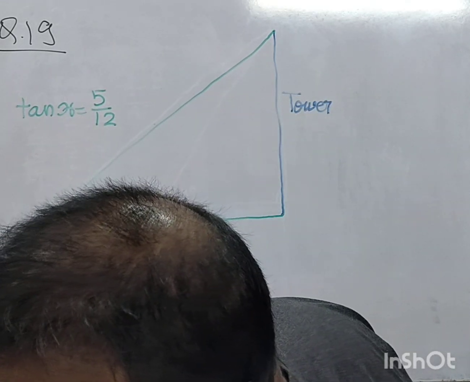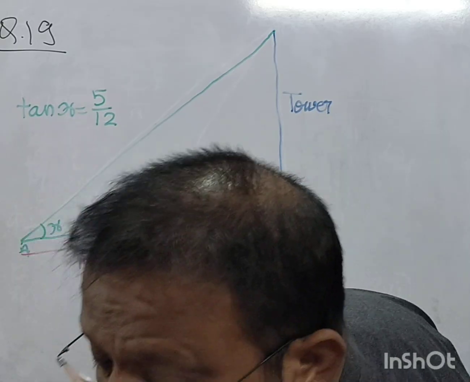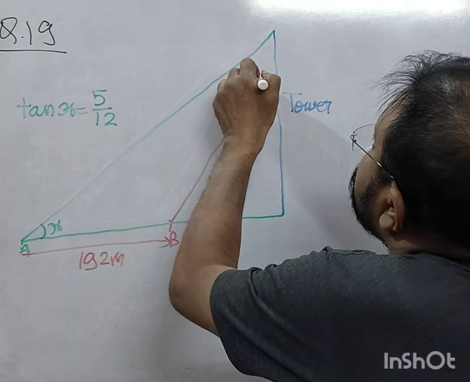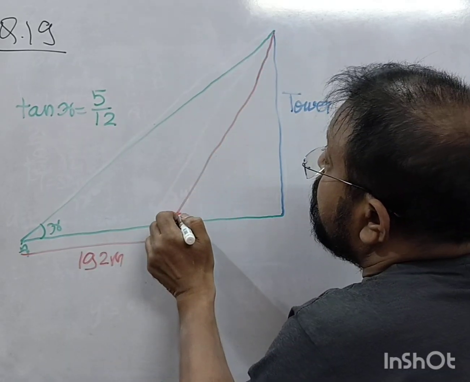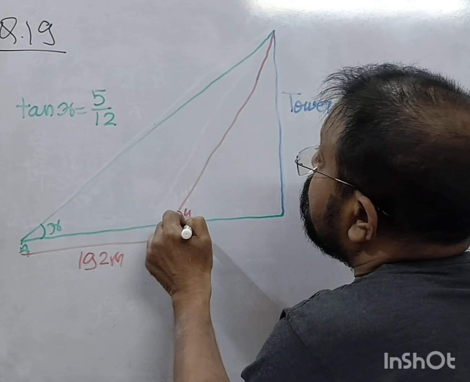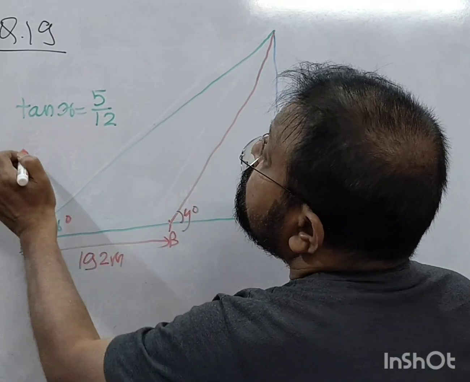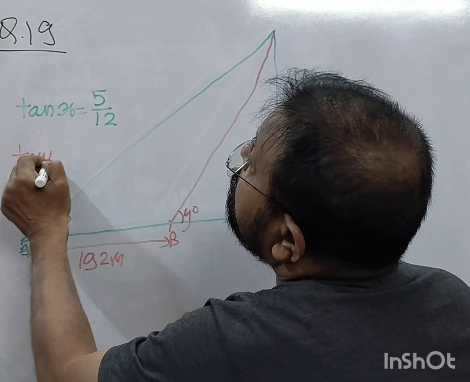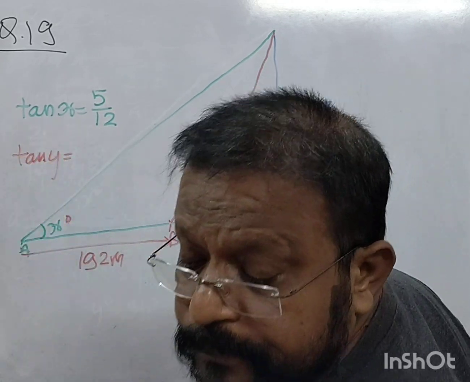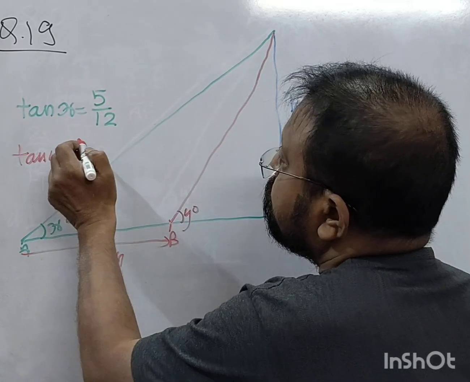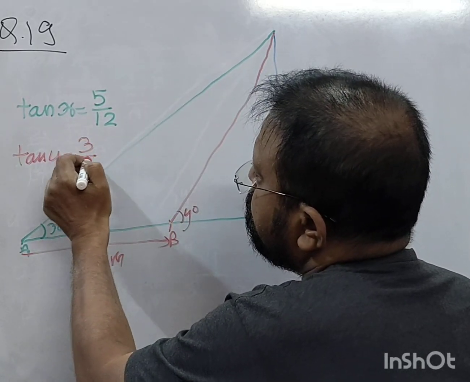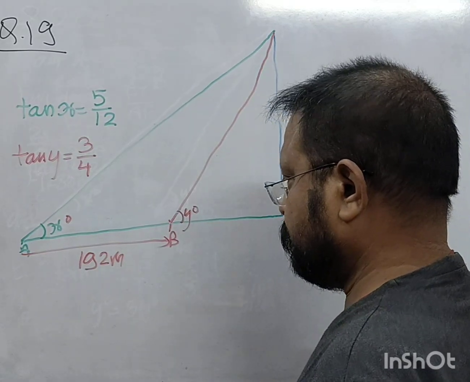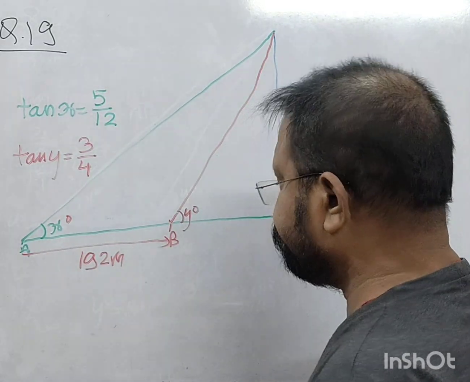So the tangent of the angle, this is Y degree, then tan y is equal to 3 by 4. Okay.